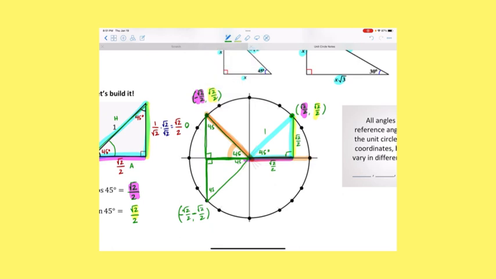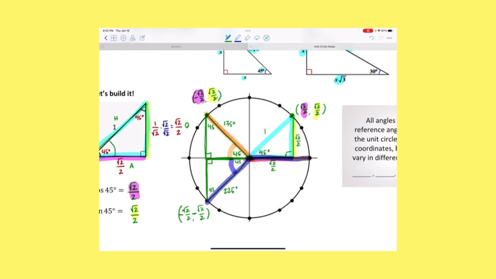Well, this angle still has a reference angle of, I need a new color highlighter, but I've used them all up. So we're still looking at a reference angle of 45 degrees, but in total, the angle starts here and goes here. So we'd be looking at 180 degrees plus another 45. So we said this one was 135. This one would be 180 plus another 45, so this is a 225-degree angle here.